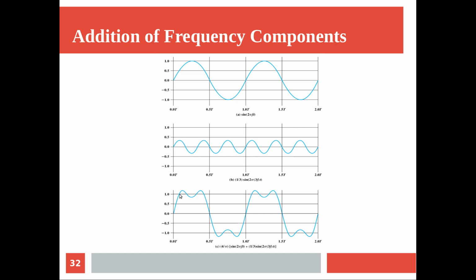That is how we get this value. The maximum amplitude here is 1 plus 0.33, but the peaks do not get added together, because this peak occurs at this point only and that peak occurs at that point. So it is not 1.33, it is some relative value.